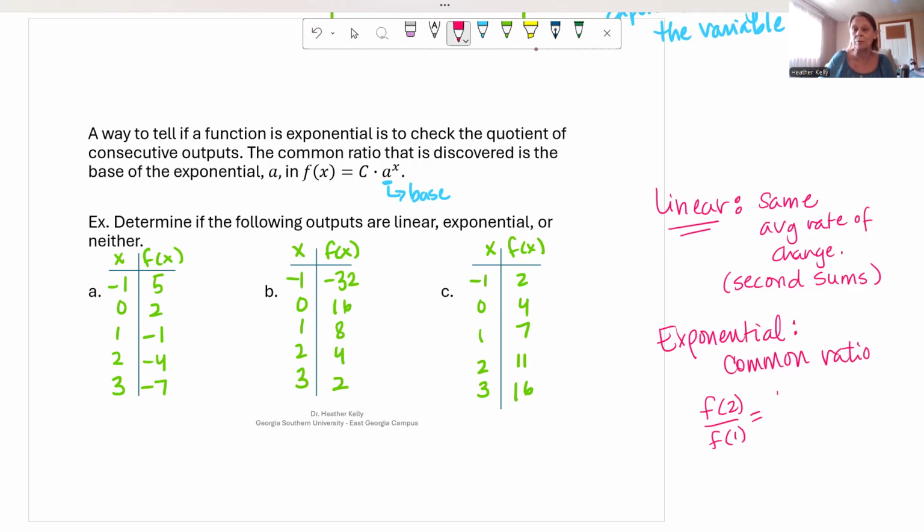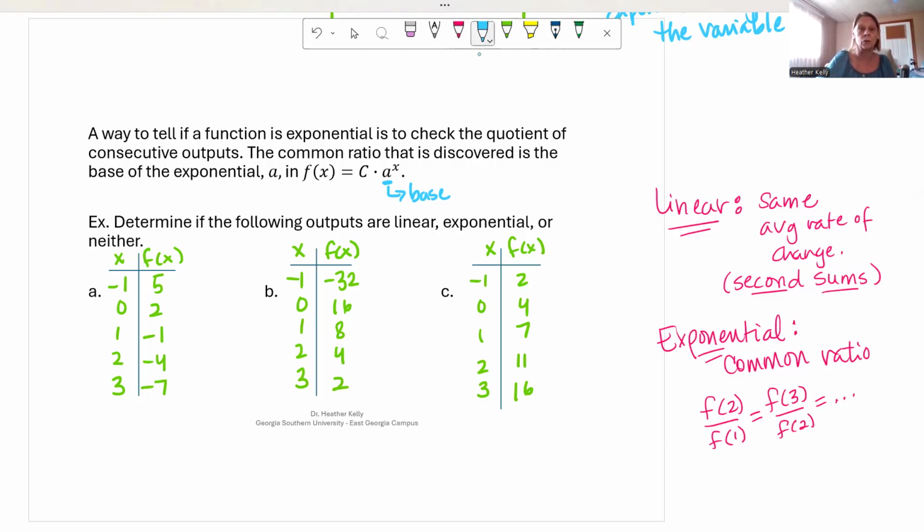That needs to be the same thing as f of 3 divided by f of 2, and so forth. Okay, so you have the same value when you do those divisions. And then how about if it's neither? It's neither when neither one of these fall in. So if we don't have the exact same average rate of change or the second sums, or if we don't have this common ratio.